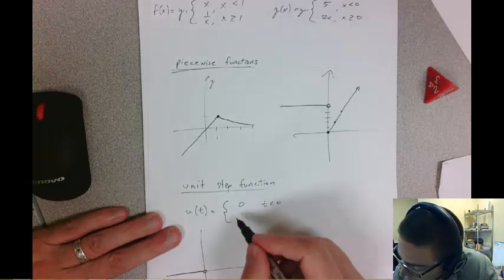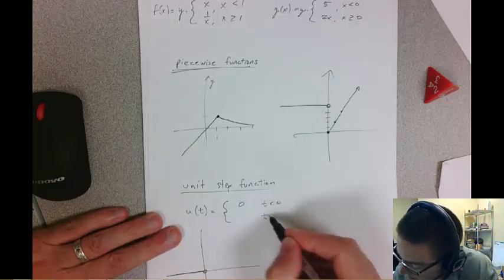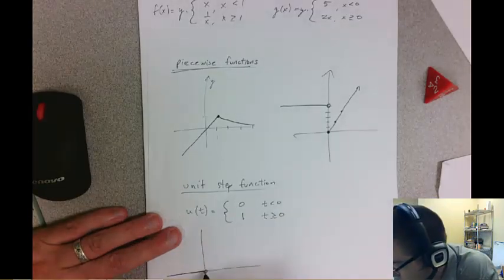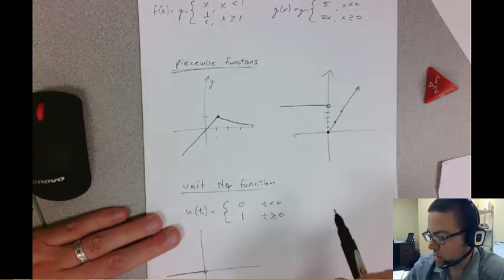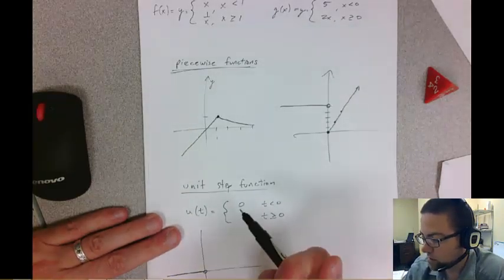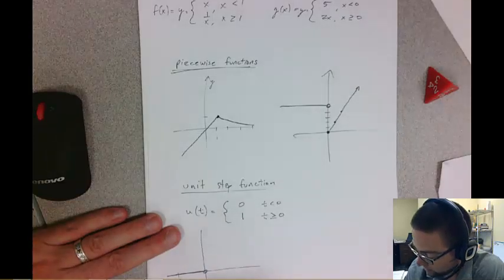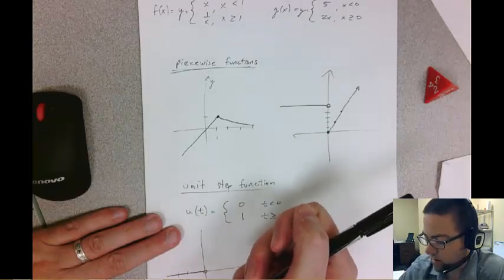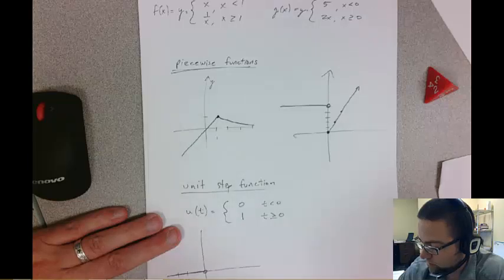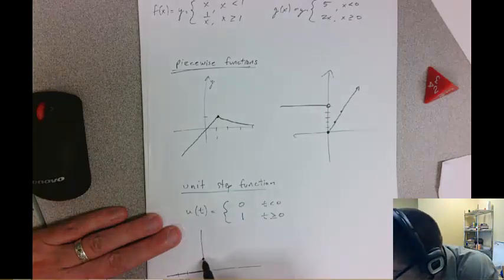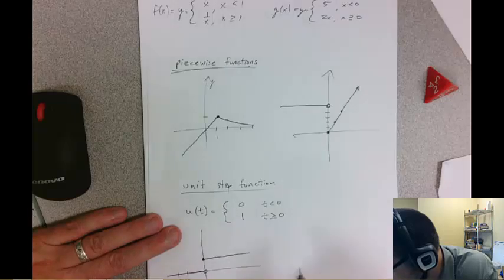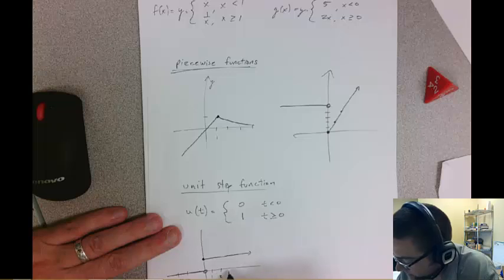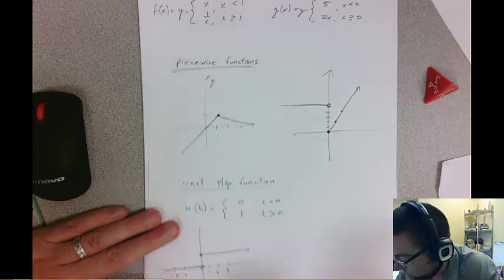And then when it gets to anything greater than or equal to 0, it turns into a 1. So it just turns on, like a switch. It's like a countdown, 5, 4, 3, 2, 1, 0, and then the switch gets flipped and it turns on, and now it's equal to 1. For all time beyond that, it would be equal to 1.